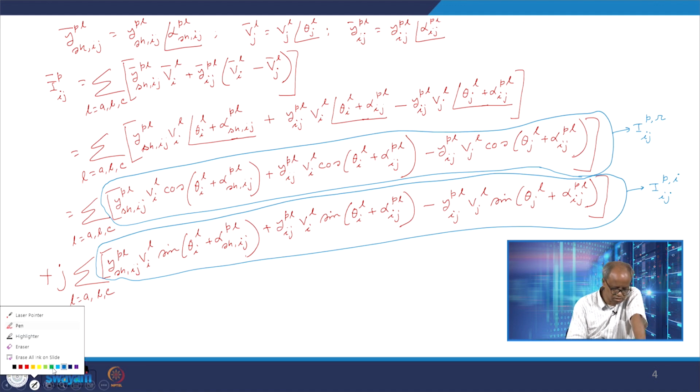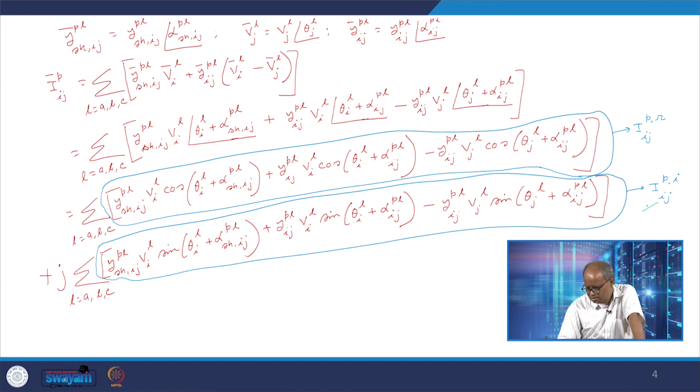So this I denotes bus number, and this I denotes imaginary part.